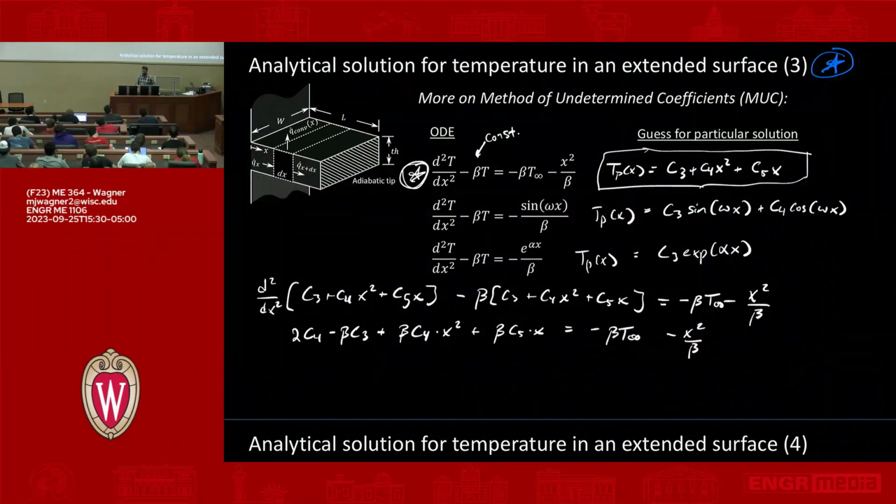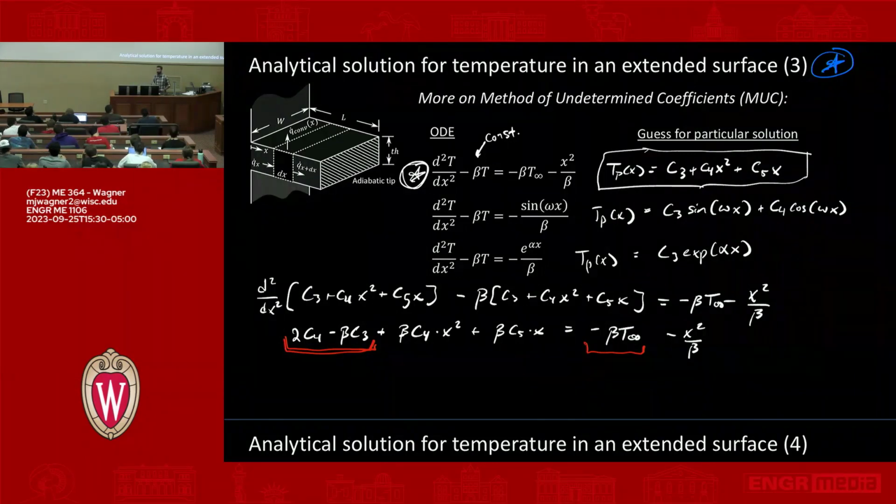Sorry, my mic keeps cutting out. So what I mean here is now let's look at this equation. So we have 2c4, beta c3 on the left-hand side. That's stuff that's constant, right? There's no x involved in that. So this stuff here, let me get a color. So red, this stuff here has to be equal to anything on the right-hand side that's a constant.